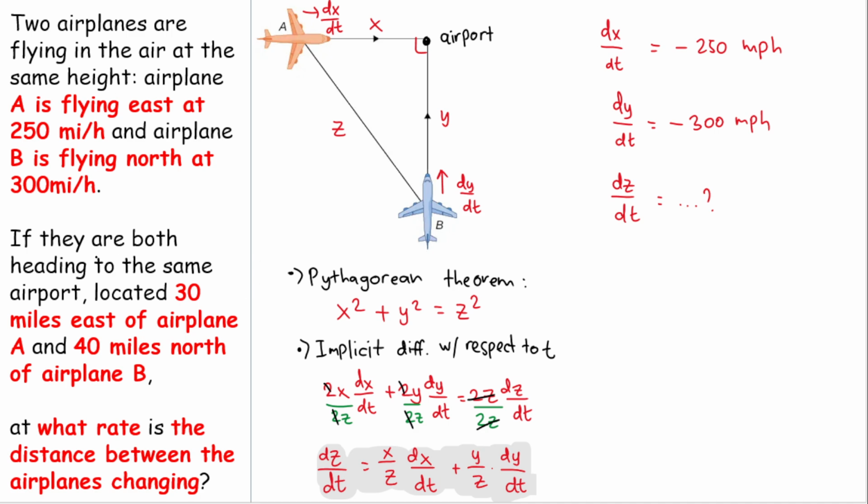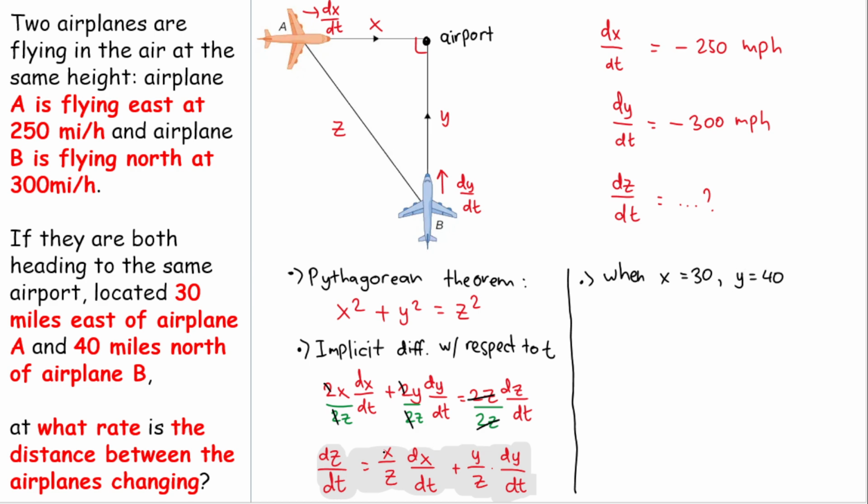And then what is the question? They are both heading to the same airport located 30 miles east of airplane A and 40 miles north of airplane B. So that gives us x and y: x is the distance from airplane A to the airport, which is 30 miles, and y is the distance between plane B and the airport, so y is equal to 40.